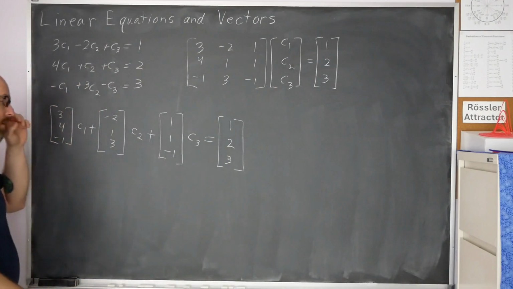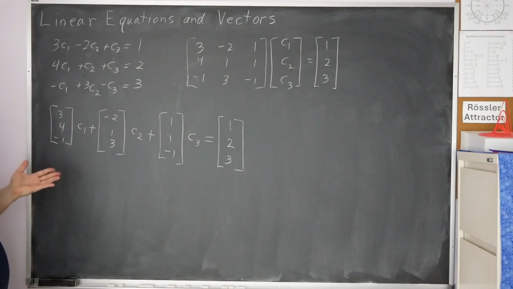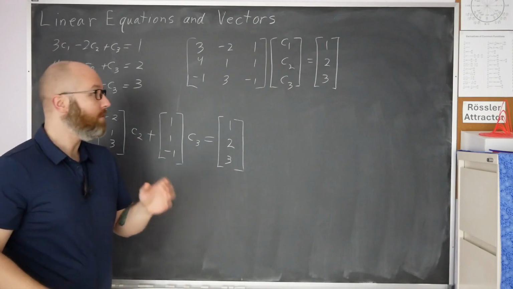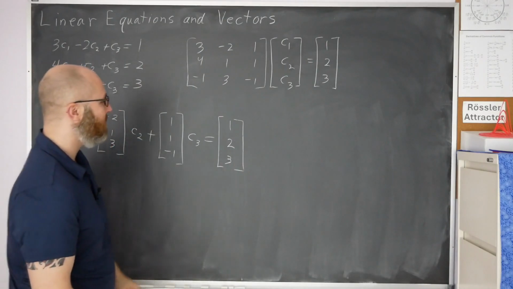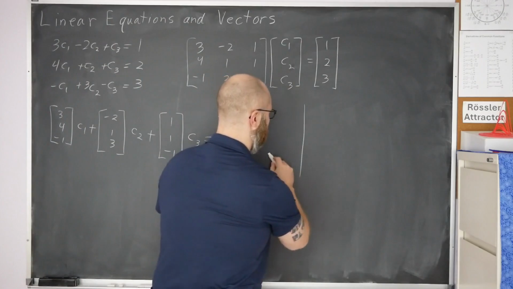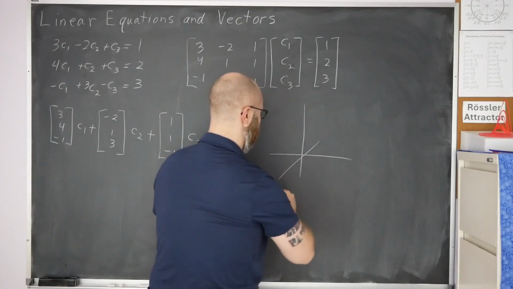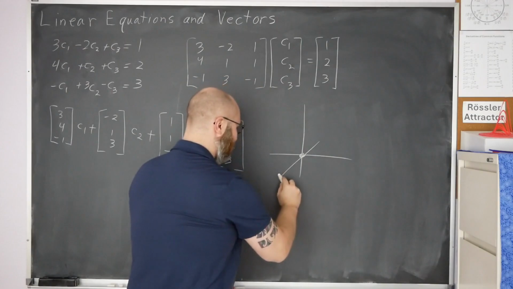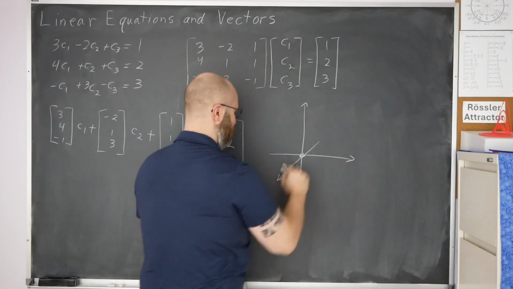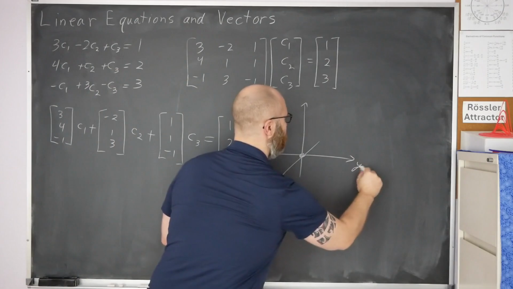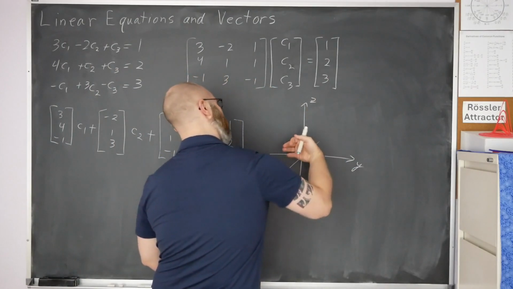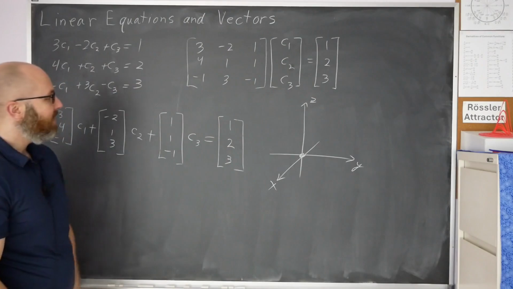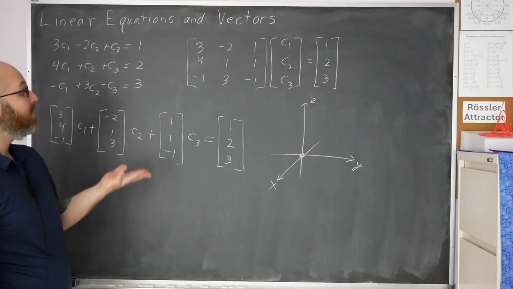Okay, so now visualizing what happens when, let's say, you can't solve it. So, let's see. Okay. So right-handed coordinate system, right? All right, let's say you have these three vectors.